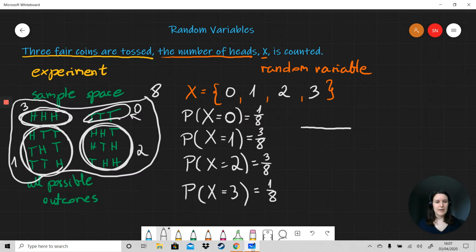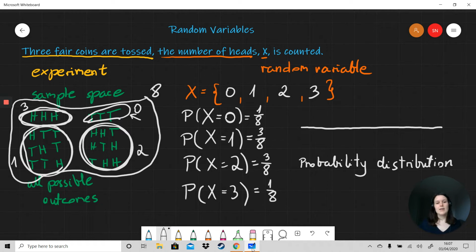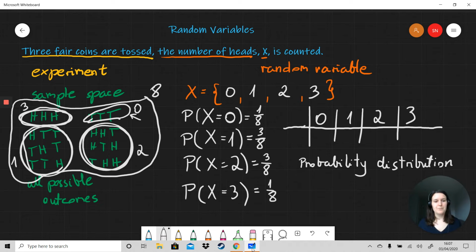So let's create a table. This table will be called probability distribution. In here, we will observe how the probability is distributed. So what's the probability that the random variable is 0, 1, 2, and 3? At the top, I will just list the possible values of the random variable, 0, 1, 2, and 3. And the values are denoted by a lowercase x.